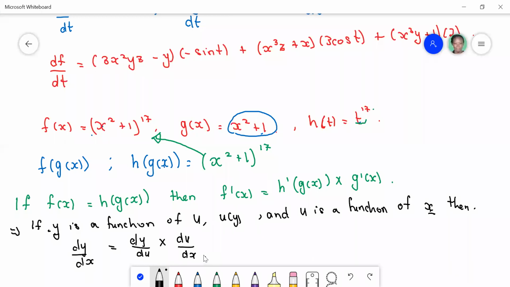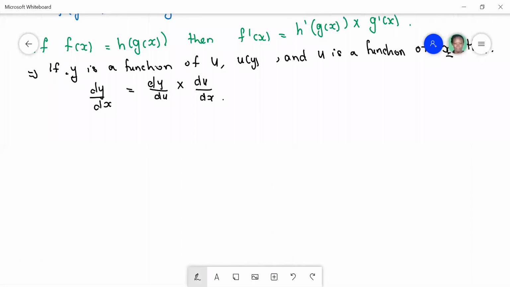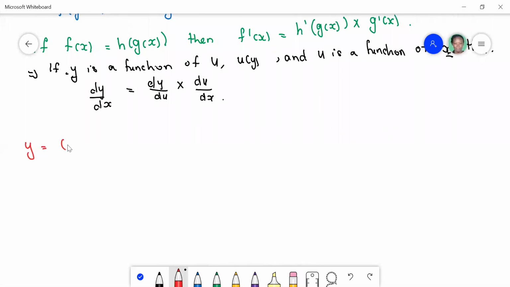That is what it means. So let me take this example. The best thing is always to use an example. Let's say I have y equal to (x squared plus 1) to the power 17.